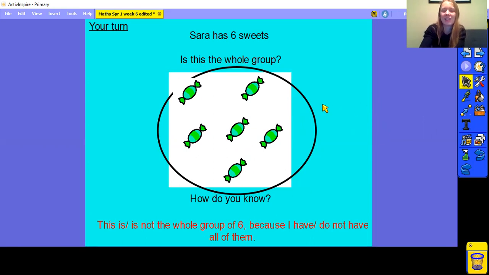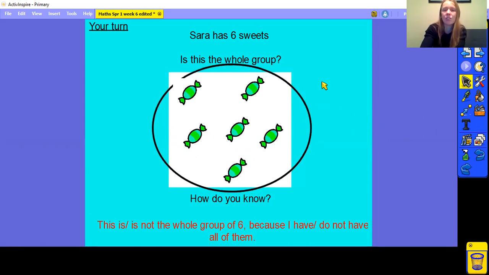Okay, now let's look at it together. So it says Sarah has 6 sweets. Let's find out whether this is the whole group by counting them. 1, 2, 3, 4, 5, 6. So Sarah has 6 sweets. There are 6 sweets in the group.